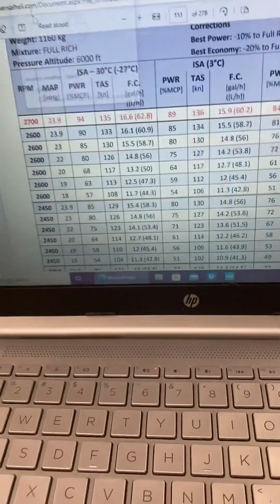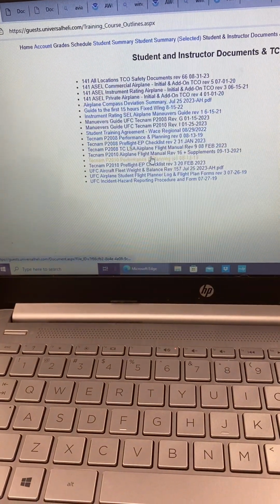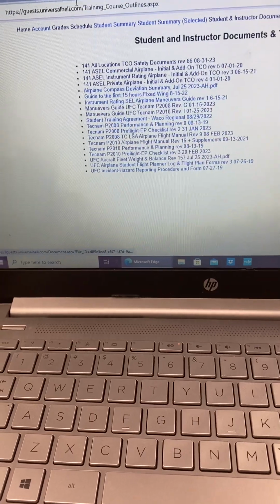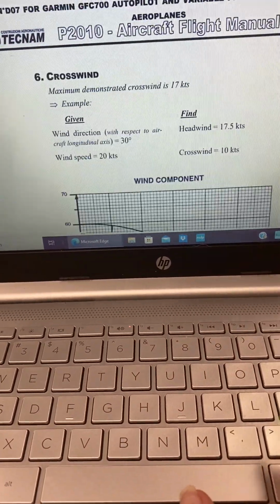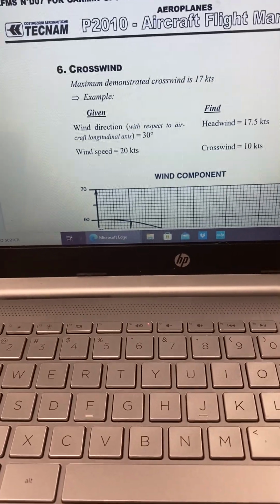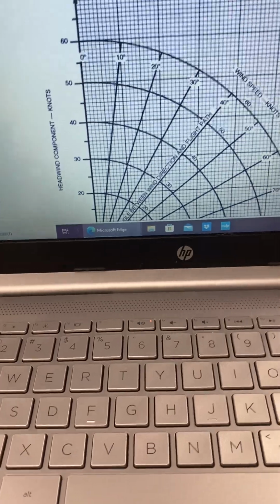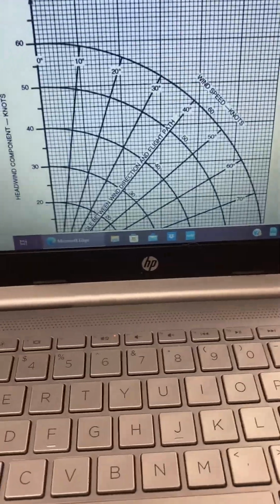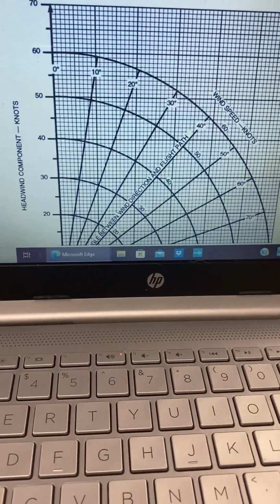So we're gonna come back over here to my computer. Documents, okay? So remember, we go back to this. We're gonna do flight manual, so that gets me here. And we're gonna go to our crosswind component chart, okay? So for us today, 190 and 140, right? So that's about 50 degrees of difference.